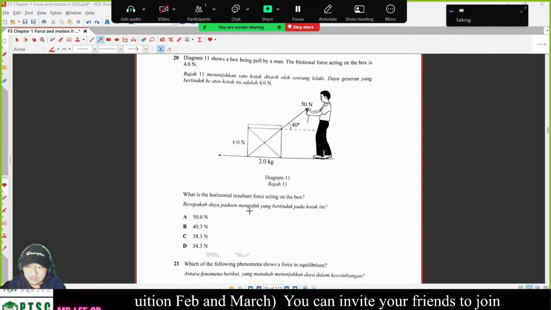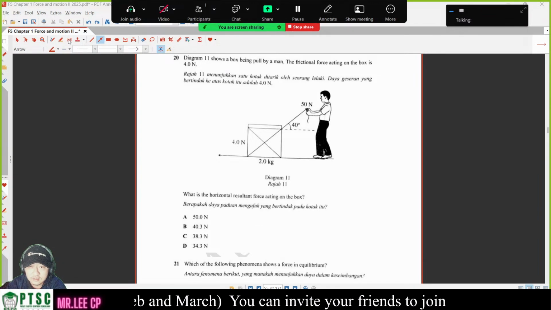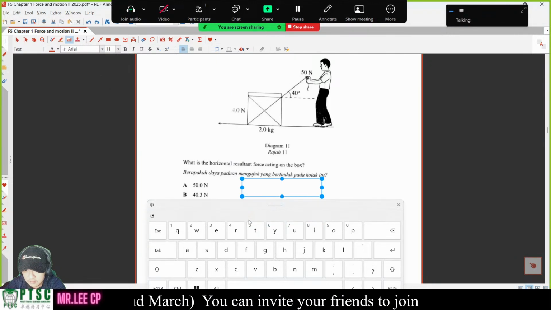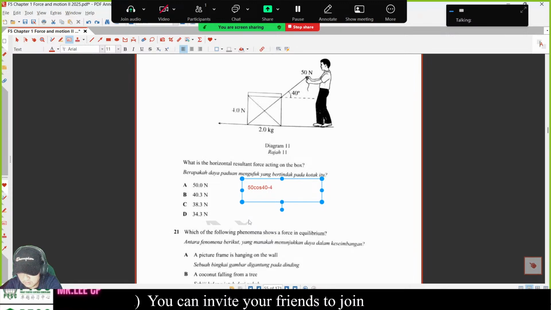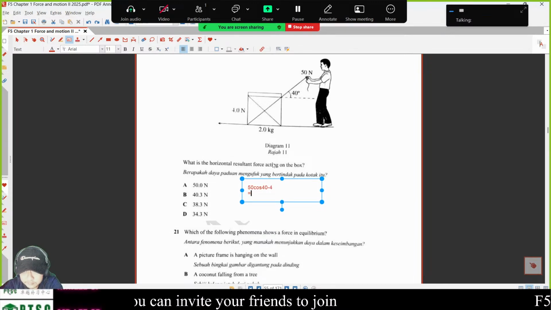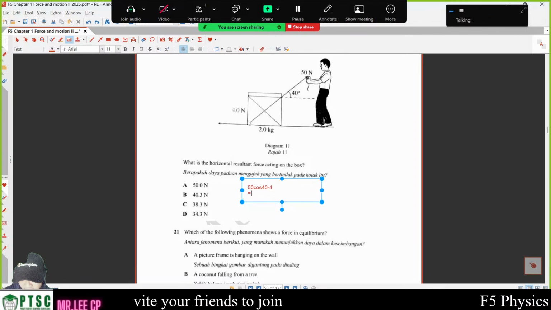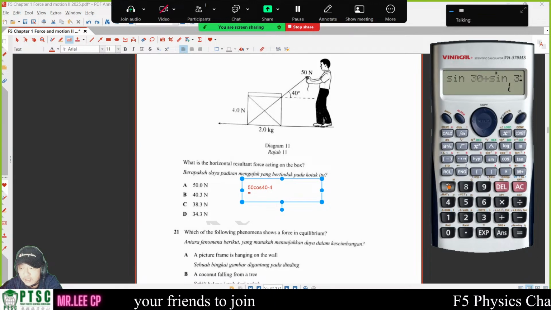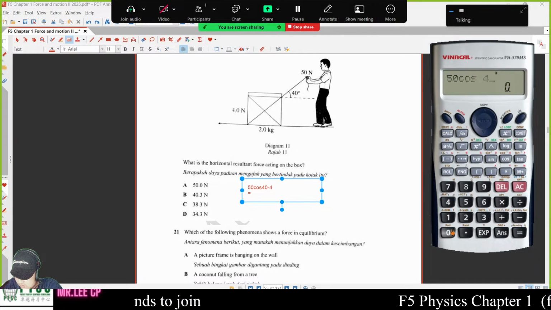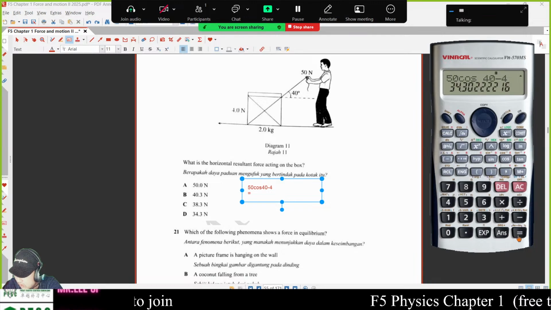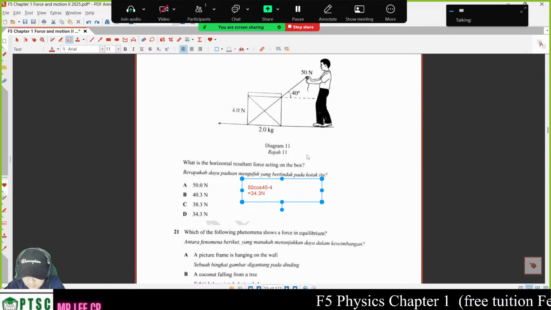So no need to calculate acceleration. They don't ask you. So this one is 50 cos 40 minus 4. Answer: 50 cos 40 go to the horizontal, minus the one that pulling you. Right? 50 cos 40 minus 4 is 34.3.